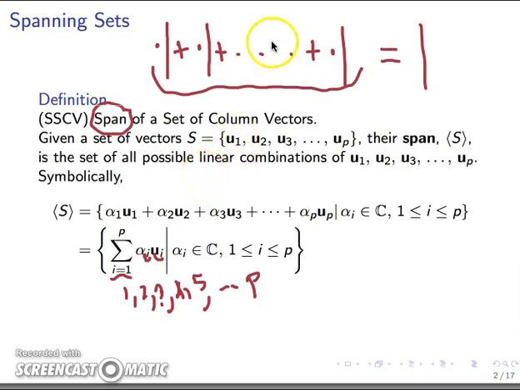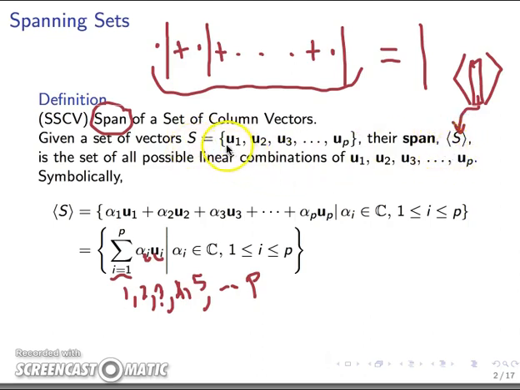The other thing to keep in mind is the notation for span. It makes use of a symbol that looks like the less than symbol on one side, and the greater than symbol on the other side. You write something in between, and that thing in between would be the name of the set.